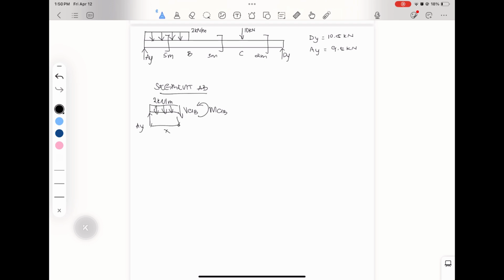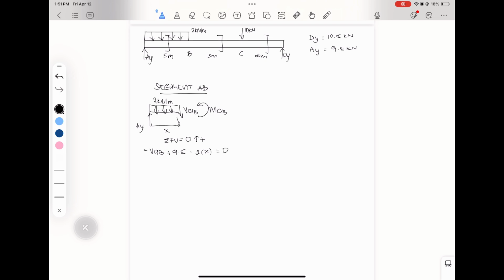Okay, so first we have to do summation of forces vertical equals 0, upwards is positive, so negative VAB plus 9.5, which is AY, and then minus 2, and because it is unknown, we just have to put X because it is a uniformly distributed load, so equals 0.